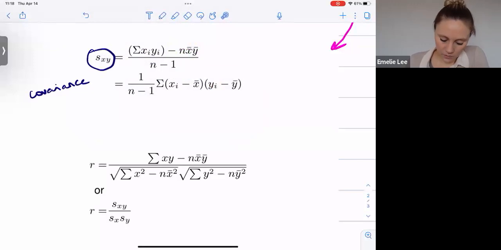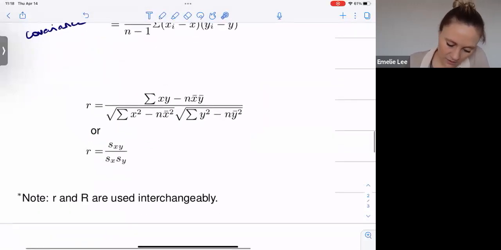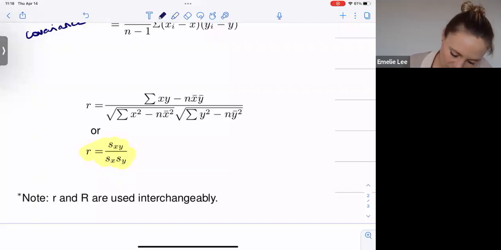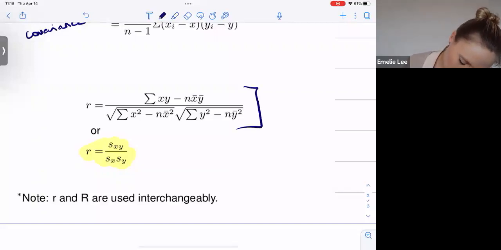Or really, what you could do is use this calculation for the correlation, which is the covariance over SX times SY, the standard deviation of X times the standard deviation of Y. So there's a couple of different ways, and the reason I'm skipping through it is because you'll need to do it for the assignment.